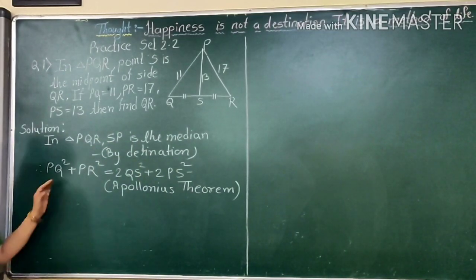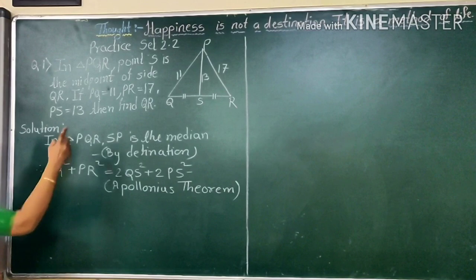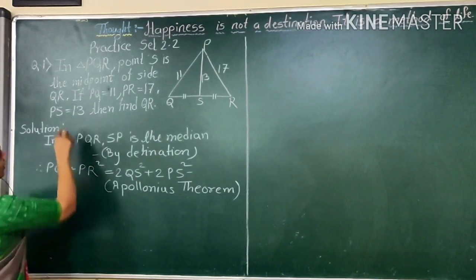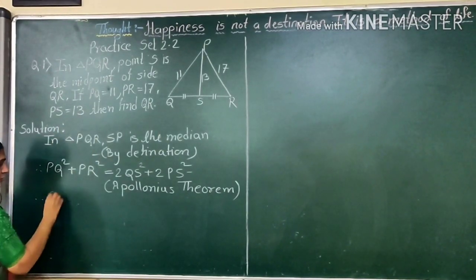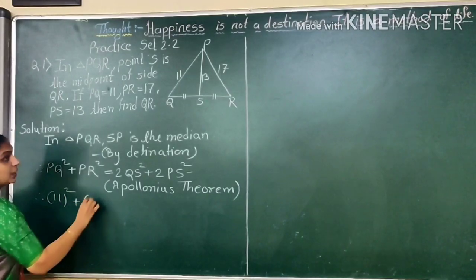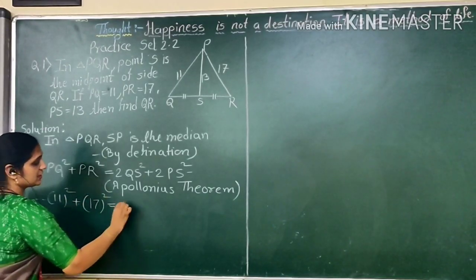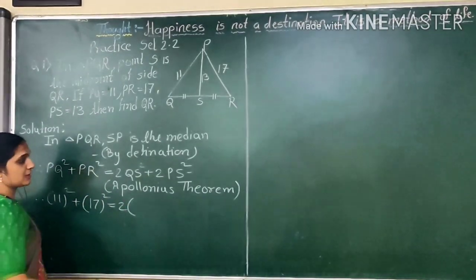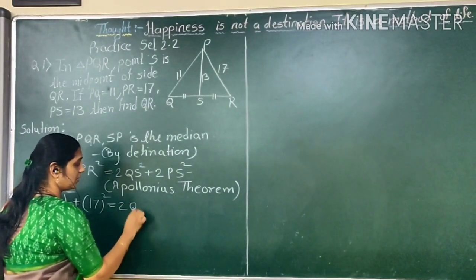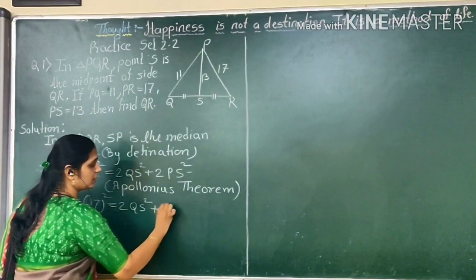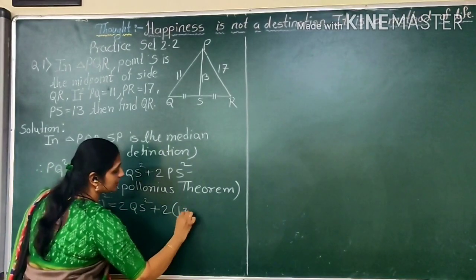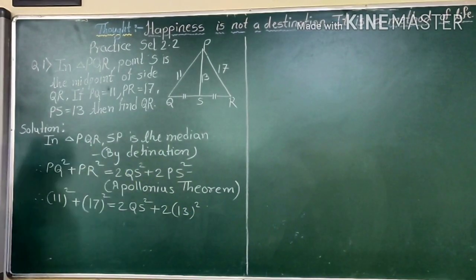Okay. Now fill the values. PQ is 11. So 11 square plus 17 square is equal to 2 QS square plus 2 PS, that is 13 square.